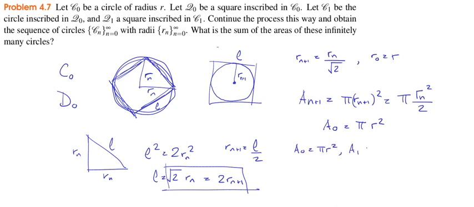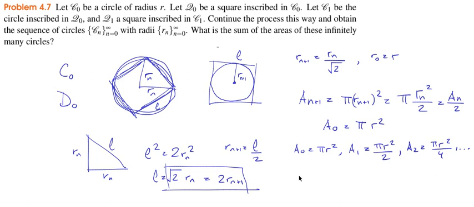Now a1 is, well, you can see, pi r_n squared, which is the area of the nth circle, over 2. So in this case, this is pi r squared over 2. The second area is pi r squared over 4, and so on and so forth.